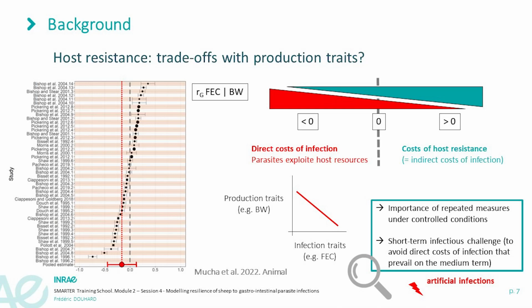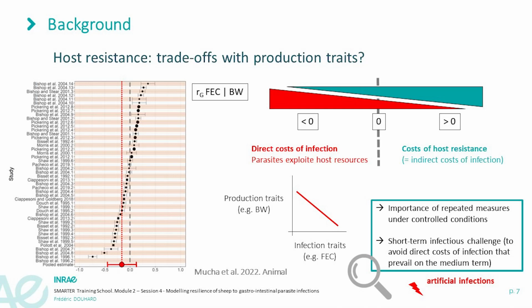But to separate these two kinds of costs, one important thing is to have a repeated measurement to measure properly the residual correlation in your data set. And if we want to focus on the resistance costs, it's also important that we focus on the beginning of the infection, because it's only after several weeks that the infection costs predominate.